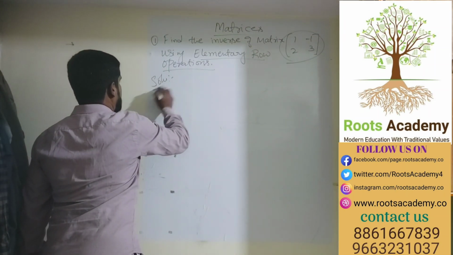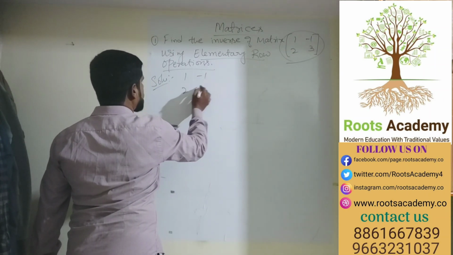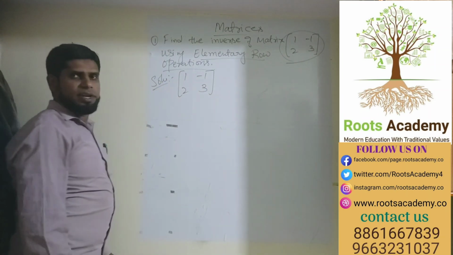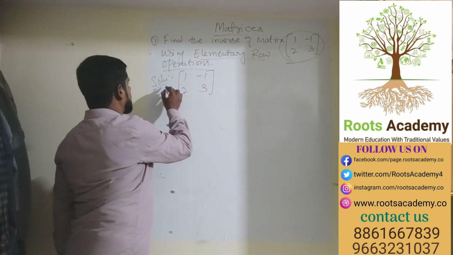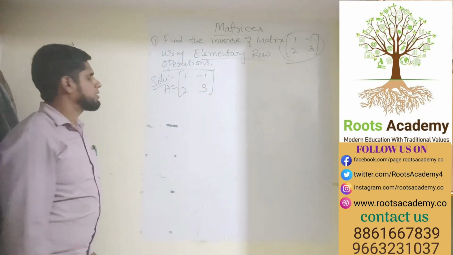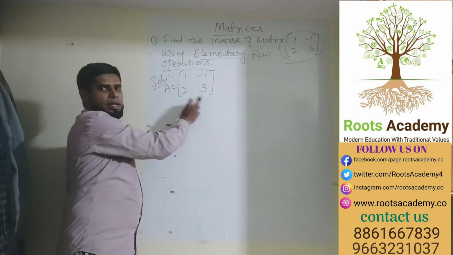Solution: 1 minus 1, 2 3. He has not given any name to this matrix. Let us call this matrix our A matrix. Whatever matrix he has given is always our A matrix.